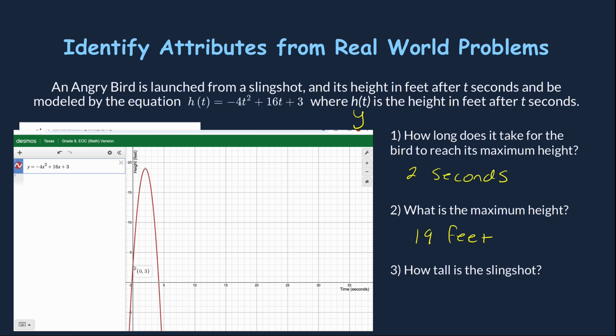And that's actually going to be at my y-intercept point, which I can see is right here at (0, 3). And so 0, once again, is my time. So after 0 seconds, the bird is 3 feet in the air. If we're at 0 seconds, we haven't shot the bird yet, so that bird is still on the slingshot. So that means the slingshot has to be 3 feet tall because that's my y-intercept.